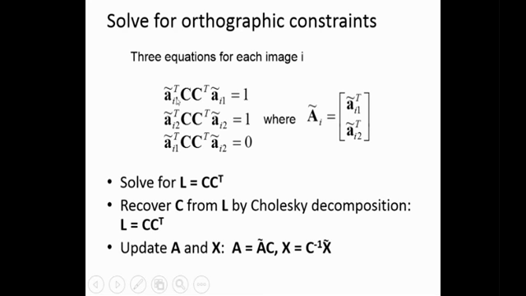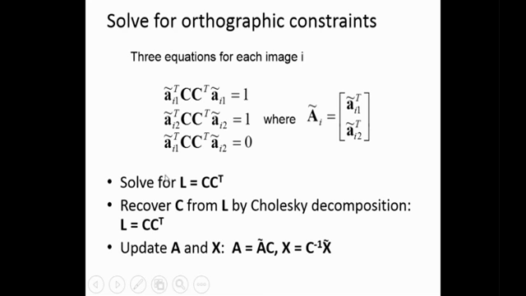So I want each row to be unit length after given some C, and I also want them to be perpendicular. So that gives me 3 equations for every camera. And I've got a whole bunch of cameras. So I have 3 times m equations. And I'm trying to solve for some 3 by 3 matrix. So as long as I have at least a few cameras, I can solve for this.